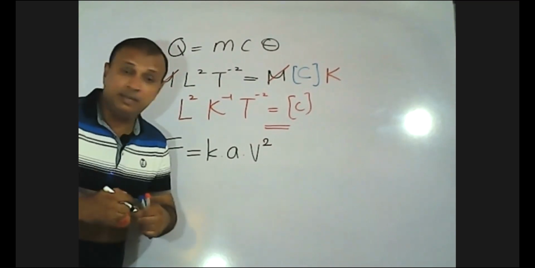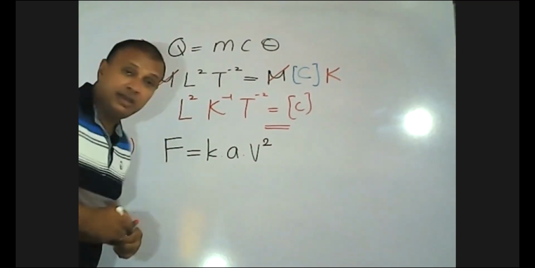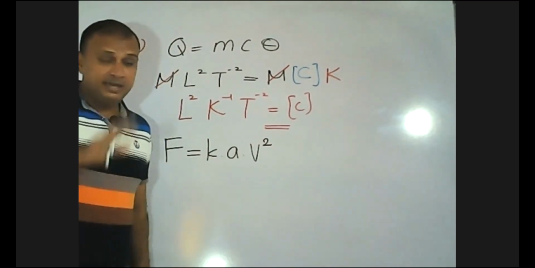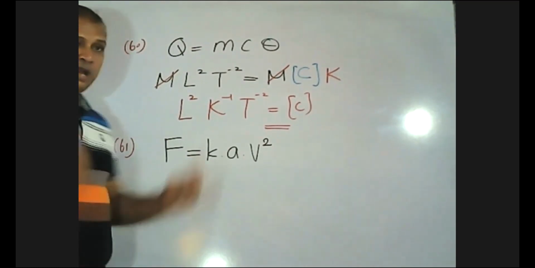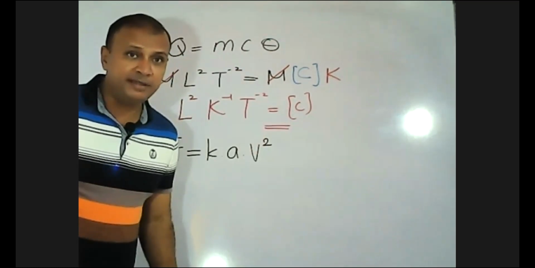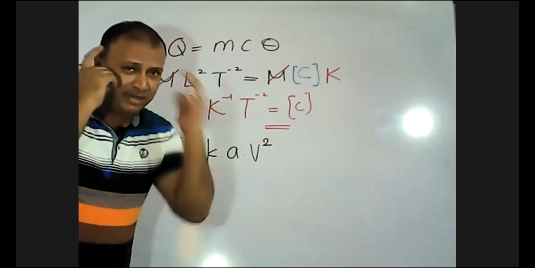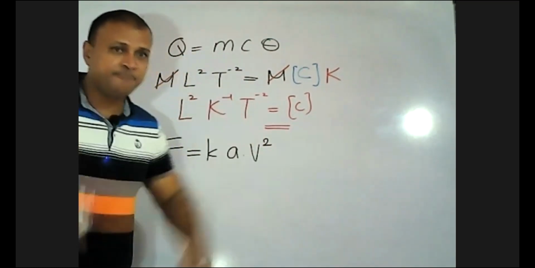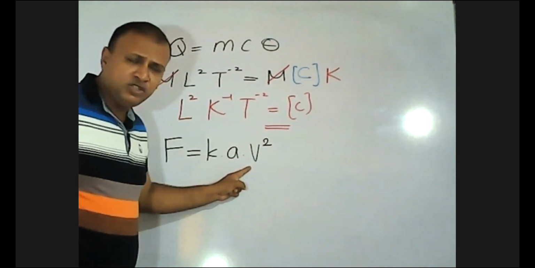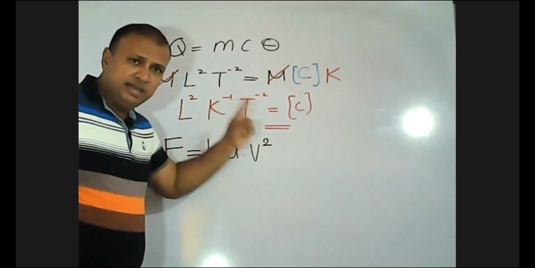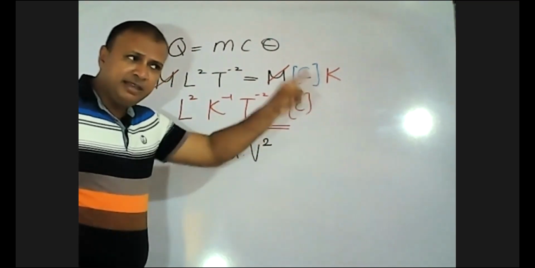If you remember the dimensions of all the physical quantities, then it will be very easy. Think using your mind. V is a velocity. The dimension of V is L T minus 1.